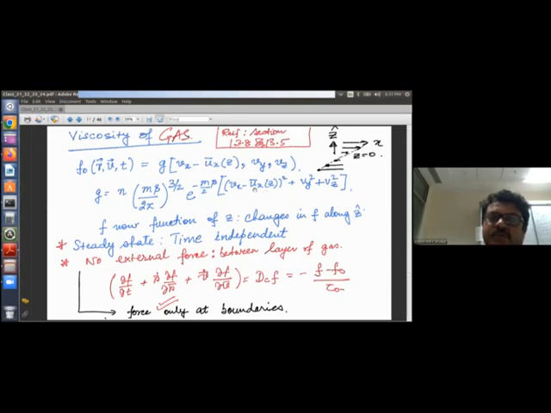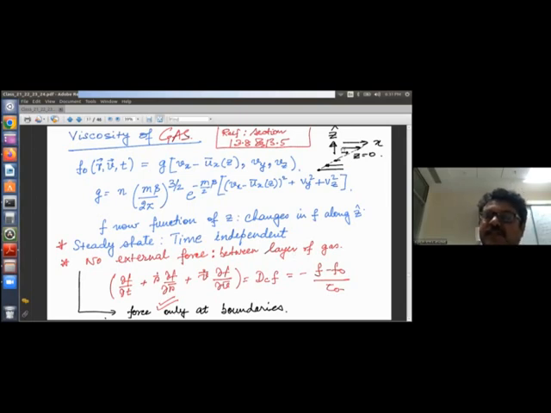But since the velocity of the fluid in the x direction is changing along z, f is now a function of z. So there are changes in f along the z direction. We are assuming steady state; there's no time dependence in f. F at each layer has a certain value. Moreover, we are considering no external force between layers of the gas.